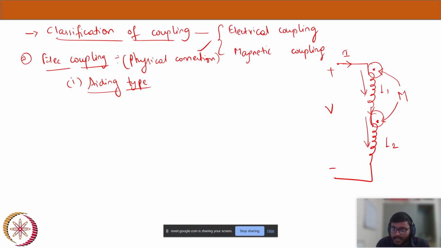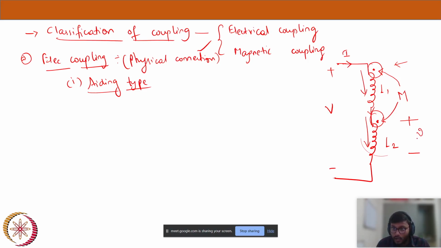Now, since there is a dot terminal here and the current is entering at this place, it will induce a voltage in coil number 2. In this coil, it will induce a voltage where positive polarity will be at the dot. The second coil has the dot here, so I will write a plus here and the negative here.